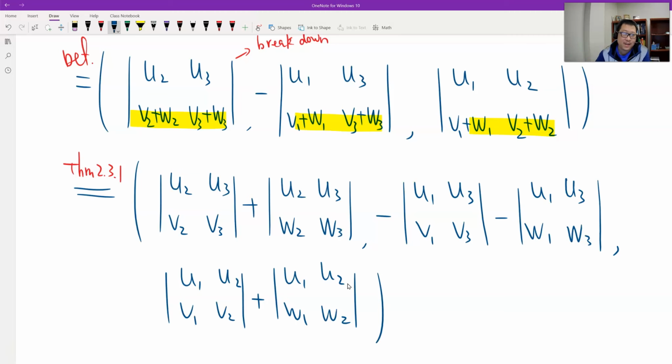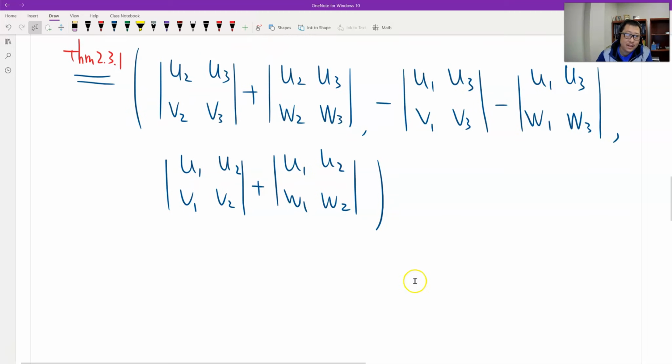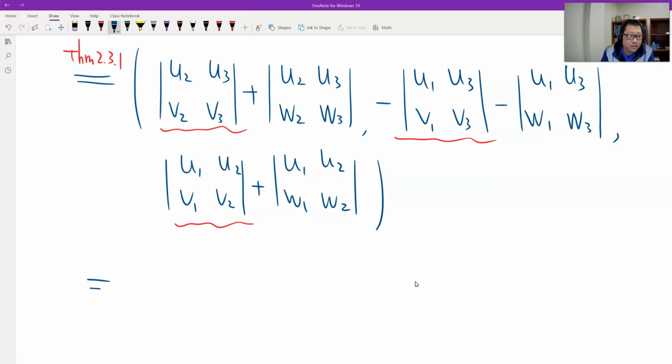Yeah, is this okay? And therefore, we can use the sum of vectors. We change this into two vectors added together. See the first vector: this term, and this term, and this term. What's that? That should be the cross product. So break it down.